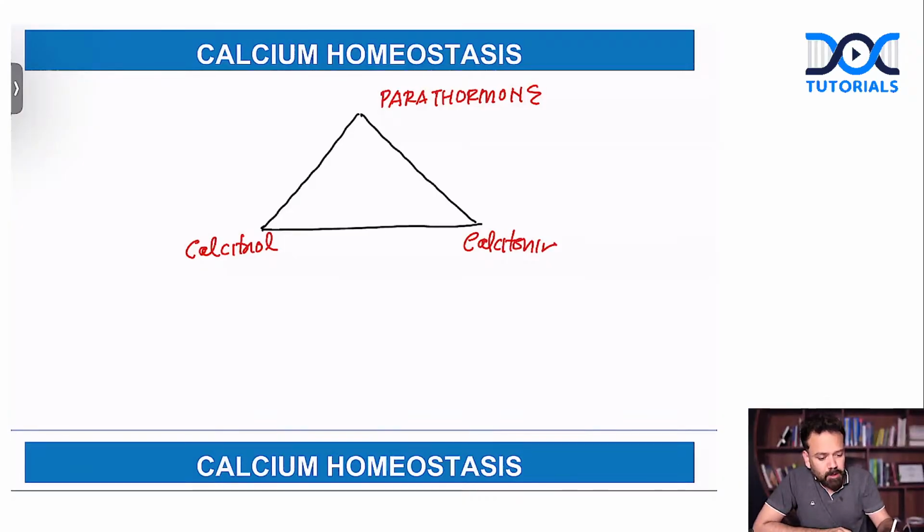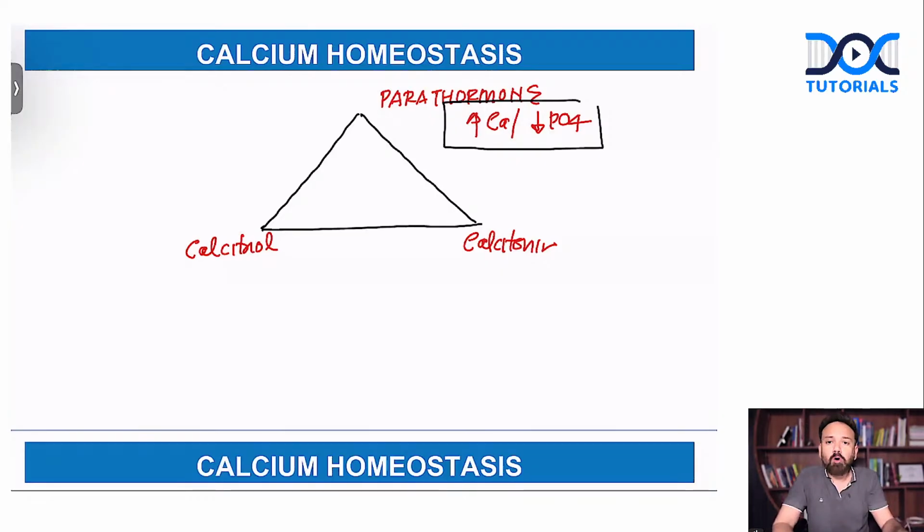If we see the function of various hormones in calcium homeostasis, parathormone decreases one thing and increases the other. It increases calcium in the blood and decreases phosphate in the blood. Please do remember, parathormone has opposite actions on calcium and phosphate: calcium will be increased and phosphate will be decreased.